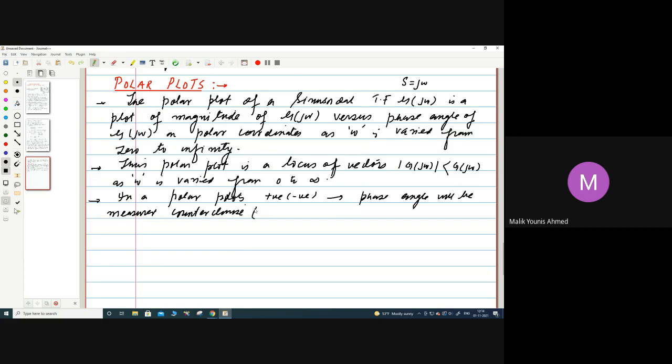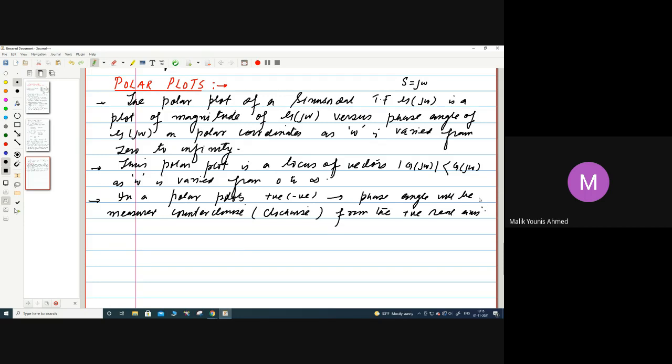If the angle is negative, then the phase angle has to be measured in a clockwise direction from the positive real axis. That you already know: angle is always with respect to the real axis.